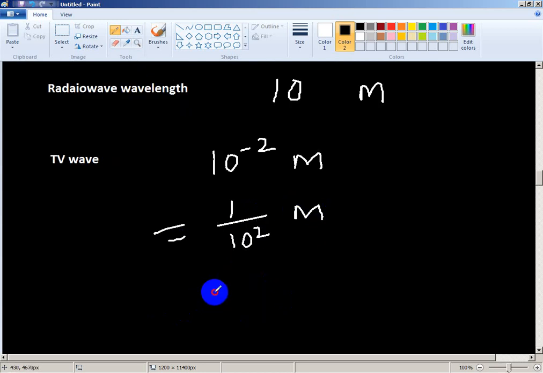That means 1 divided by 10 to the power 2, 1 divided by 100, which is 0.01 meter. Look at its wavelength, this is 0.01 meter for TV wave.